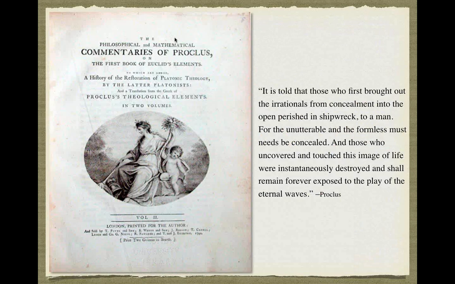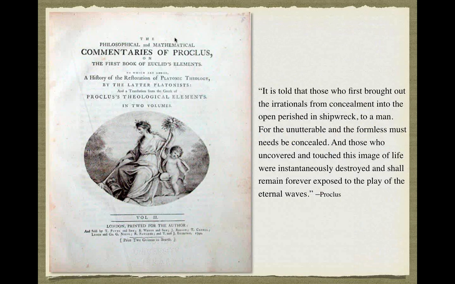It's interesting that he describes them as images of life. Those who uncovered and touched this image of life, the irrational aspect of the soul, which has its counterpart in irrational numbers, because they uncovered this, they were instantly destroyed in this shipwreck. It's an interesting idea.